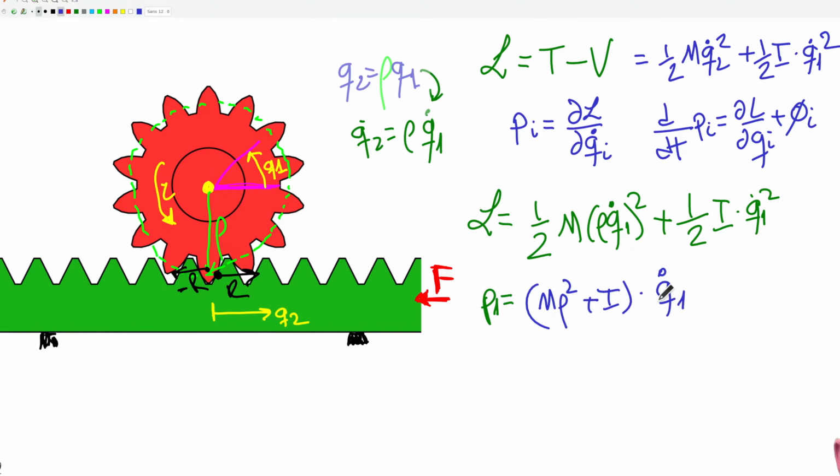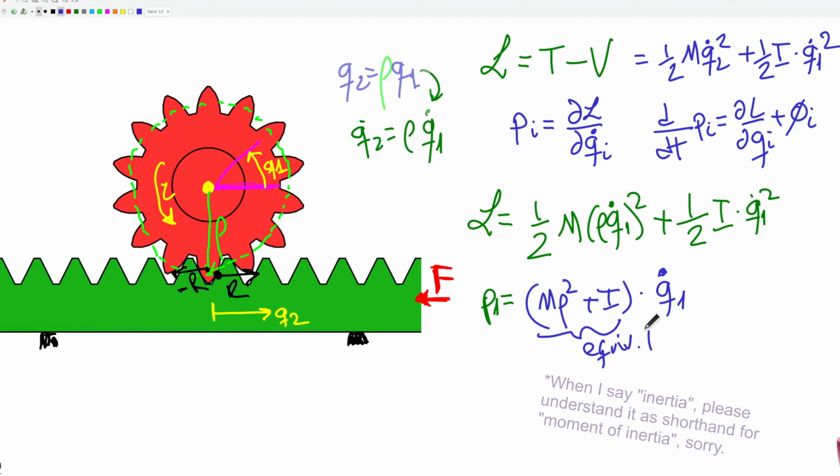So this will be the generalized momentum as seen from the movement of Q1, and in fact Q1 dot is an angular velocity, angular momentum is inertia times angular velocity, so this is an equivalent inertia.